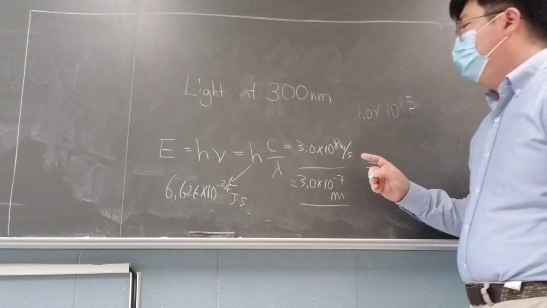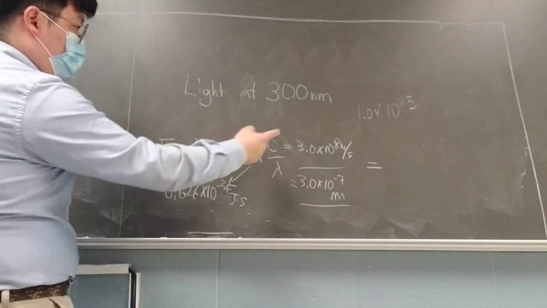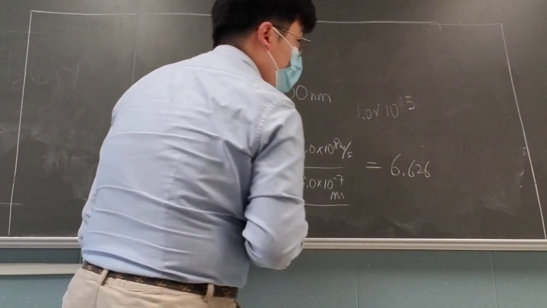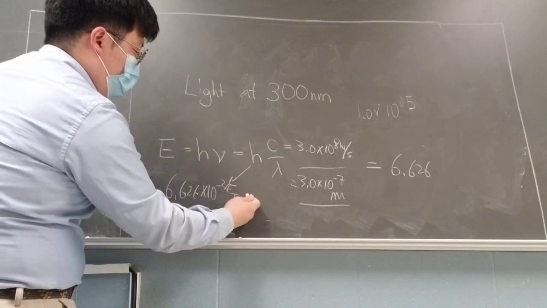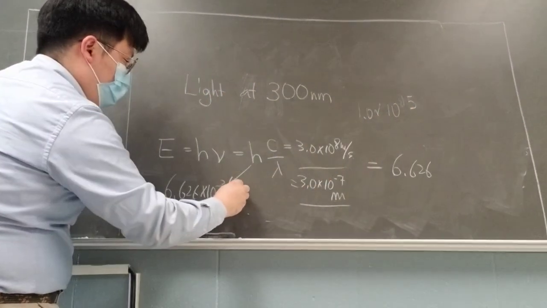If it's multiplying, it's positive. So if you do this one, 1 times 10 to the 15 times 6.626 is the same, and then 10 to the negative 34 multiplied by 15, so it'll be plus 15 right there.